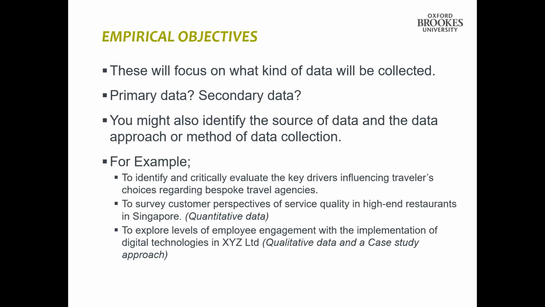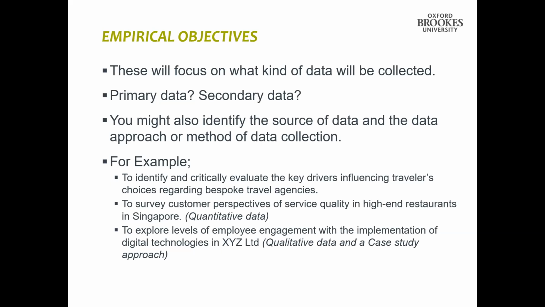So this objective begins to inform the development of your research methods. It's beginning to get you to think about, okay, what data do I need? Where is it located? How am I going to collect it? And those are important questions that you need to be asking yourselves.